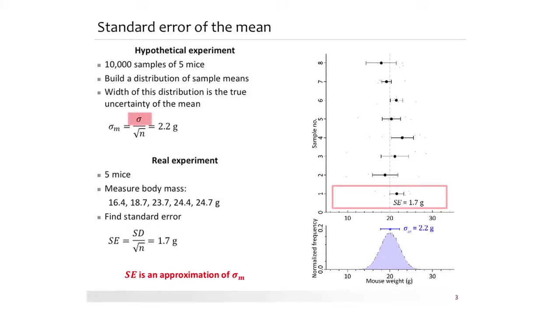So you replace this sigma with the standard deviation from just one sample, and you get the standard error. So this standard error is 1.7, while the true uncertainty of the mean is 2.2. So this is only an approximation of the true uncertainty. And as you can see, from experiment to experiment, it will be different, sometimes smaller, sometimes larger. Basically, this formula here is our best guess on how uncertain the mean is.